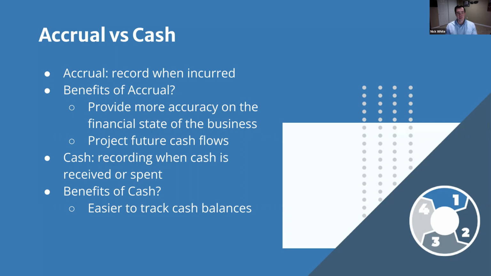And then cash basis, on the flip side of accrual, is when you receive cash or you provide a vendor with cash for something that they provided you. So say I provide a service and they pay me on the spot, that's when I recognize the revenue.